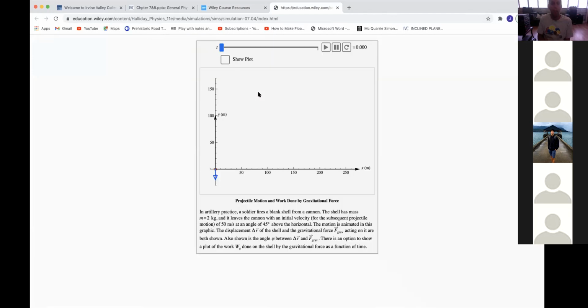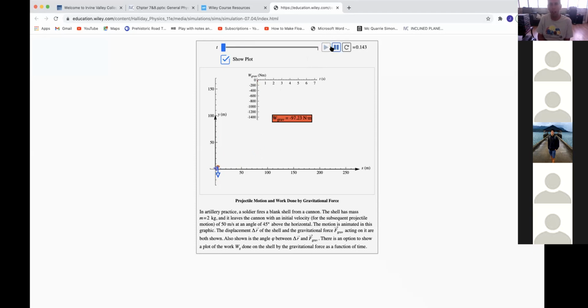So this is projectile motion. Now, as we go, I want you to look, the arrow straight down is the force of gravity, right? And then this will be the work done by gravity. You have access to all these.